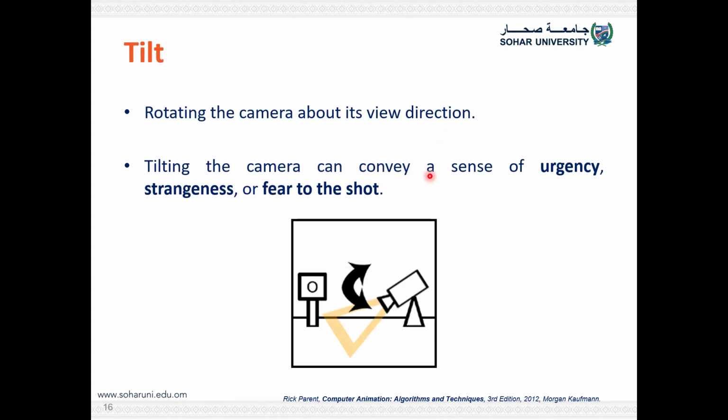To convey a scene of, for example, urgency, strangeness, or fear. In these cases, we use this kind of shooting, which is called tilting. The meaning of this principle is rotating the camera in this direction, maybe up to down or left to right, in a very fast way. So in these cases, we may use this principle.